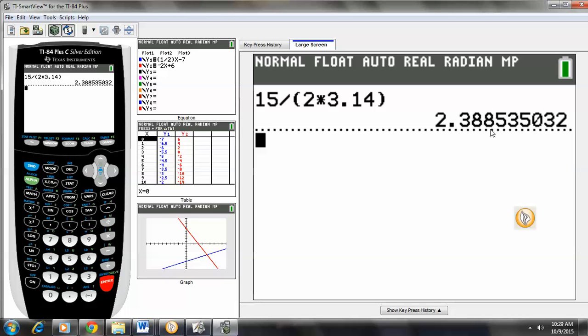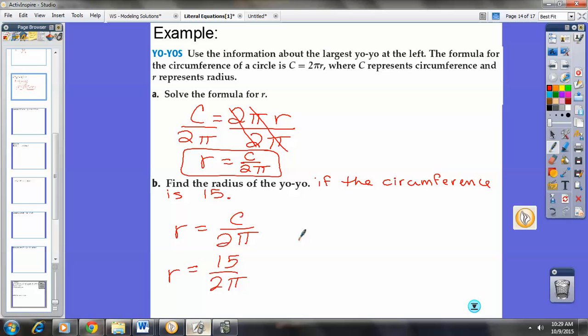This 8 right here is going to round that other 8 up to a 9. 2.39. Does it say a unit? We'll just say units. They don't give us a specific unit of measure.